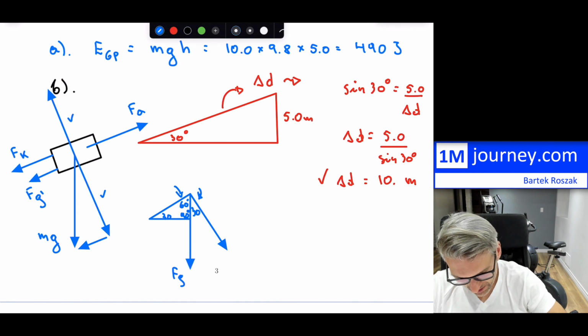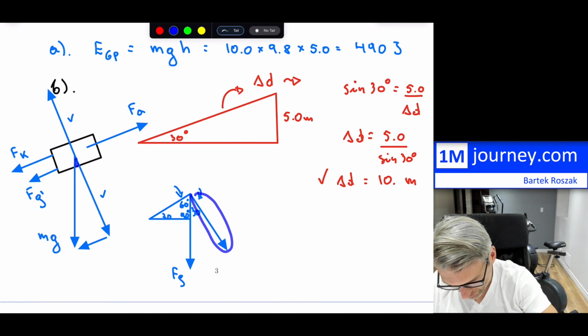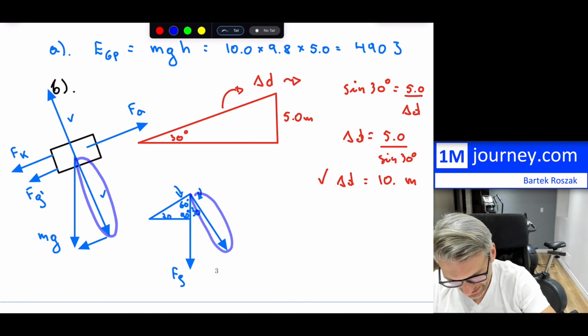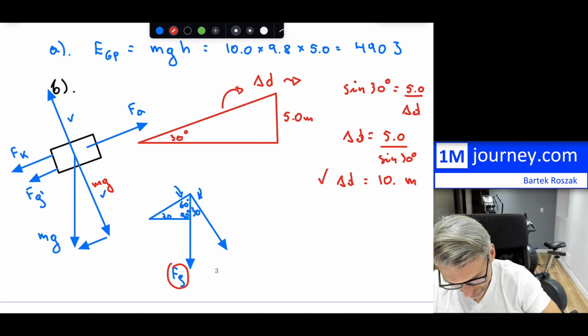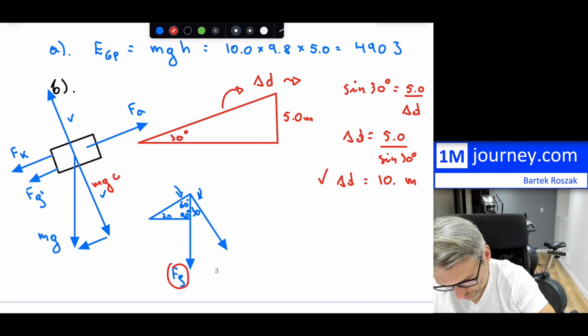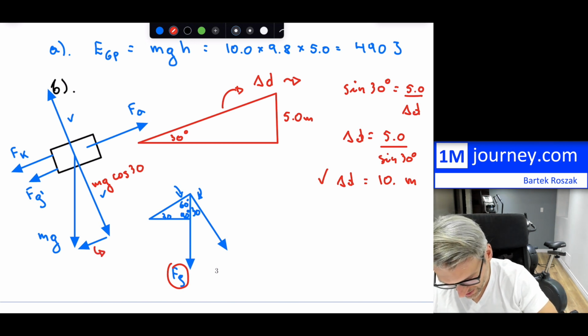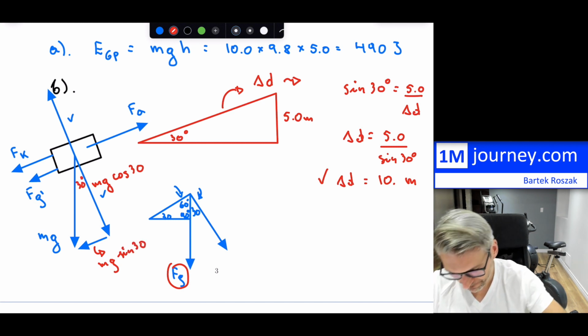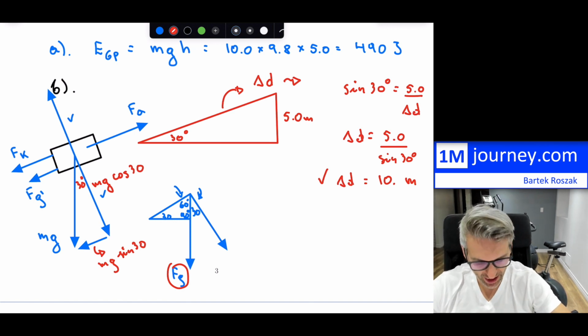So this component, which is what I want, if I go back in here, is going to be just mass times gravity, and then cos of that angle. That's this piece. And this piece is going to be mass times gravity times sine of the angle. That angle is 30 here. So now I have pretty much everything that I need.